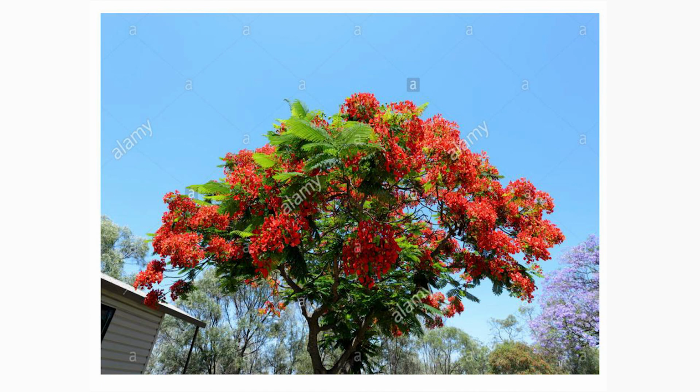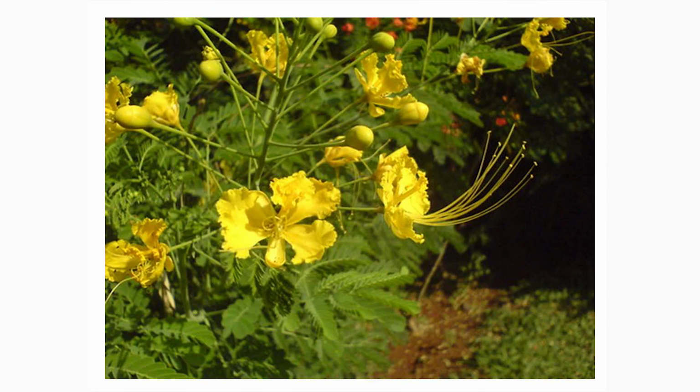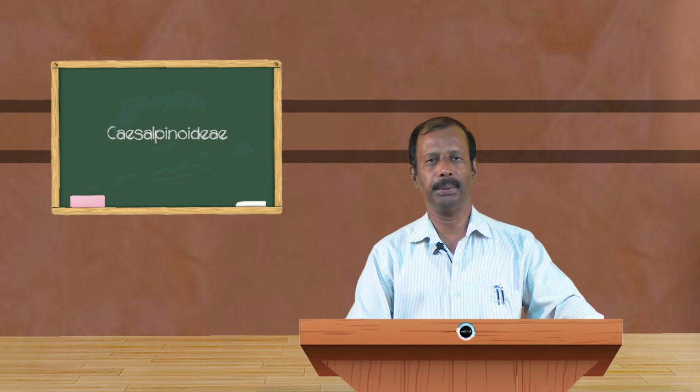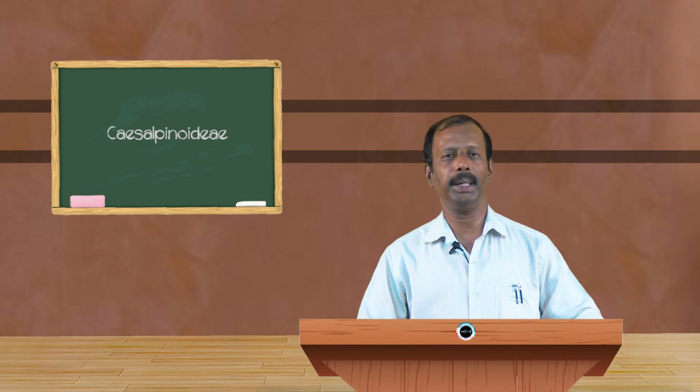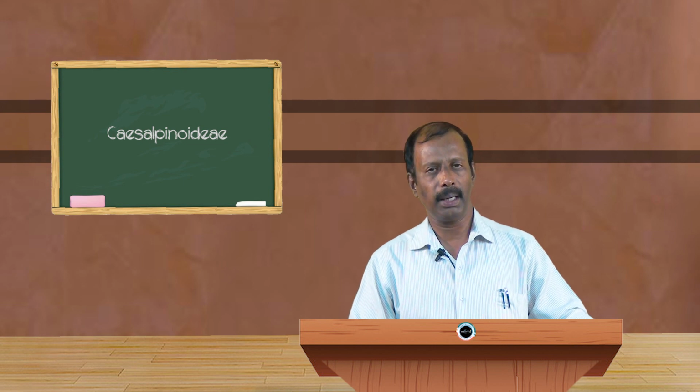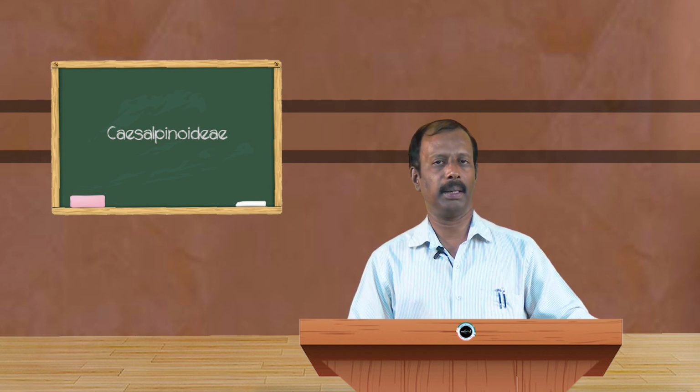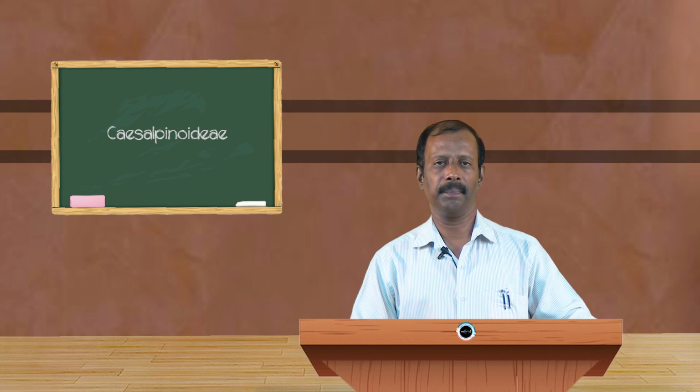Caesalpinia species, particularly Caesalpinia pulcherrima, then varieties of Cassia, Cassia fistula, Cassia tora and Cassia alata, and we have Delonix regia, then plants like Tamarindus indica. So, these are some representative examples of the plants which belong to the subfamily Caesalpinoideae.